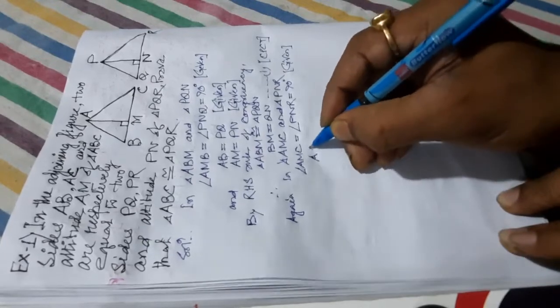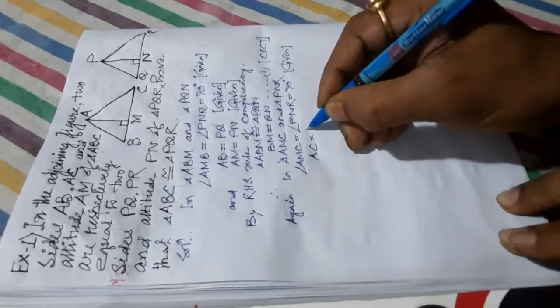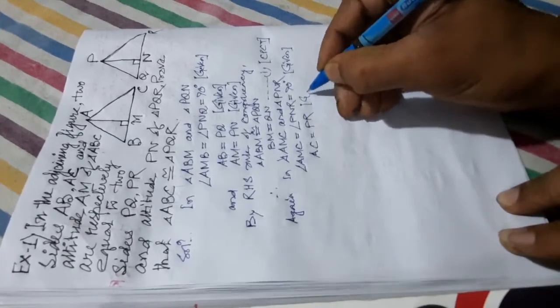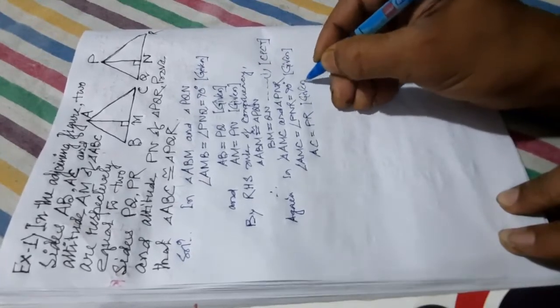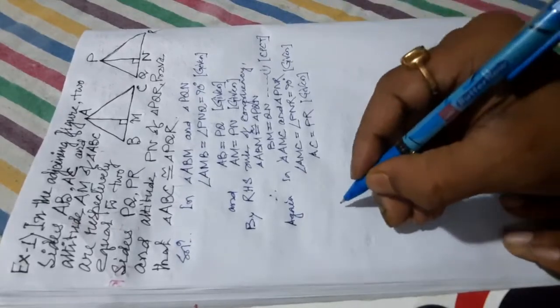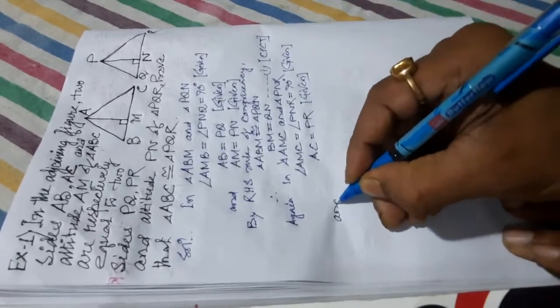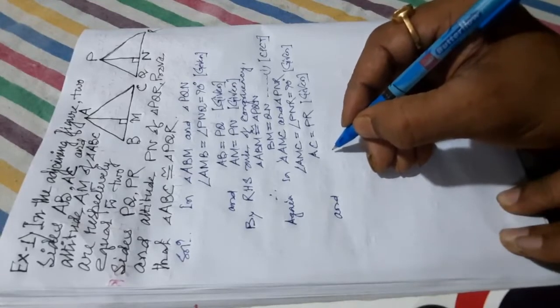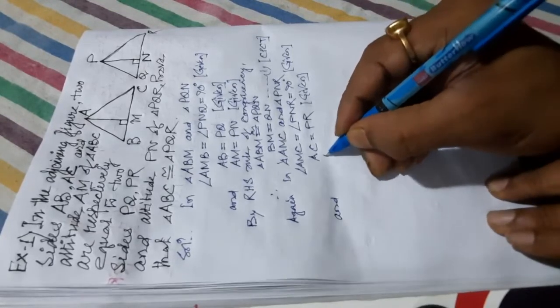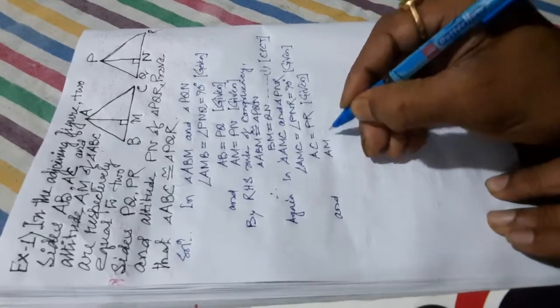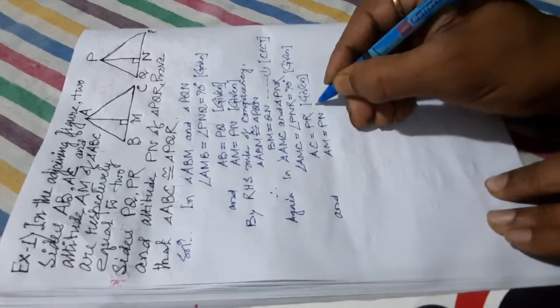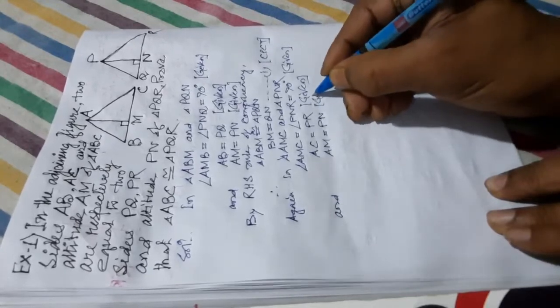AC is equal to PR, given, and AM is equal to PN, given.